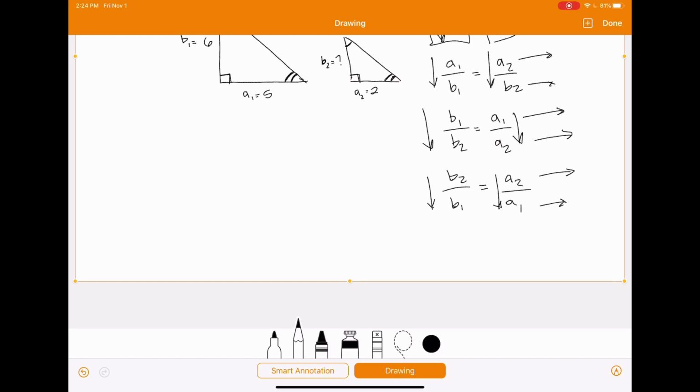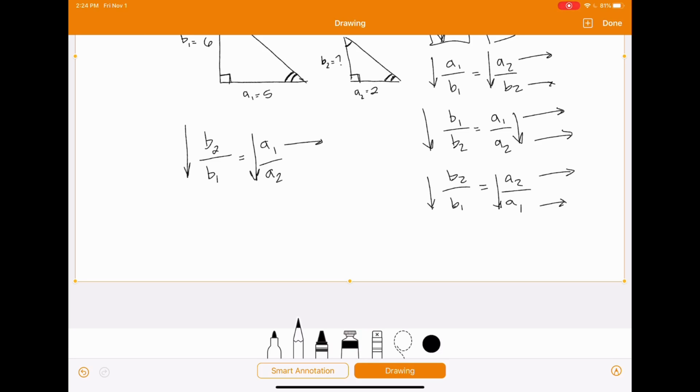But what you don't want to do is say have like B2 over B1 equals A1 over A2. All right, because you've got your A's and your B's on different sides, which is good.